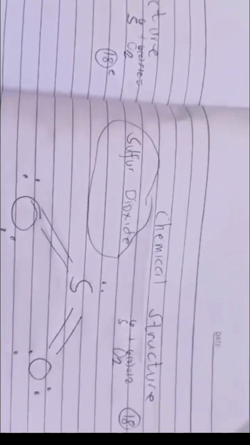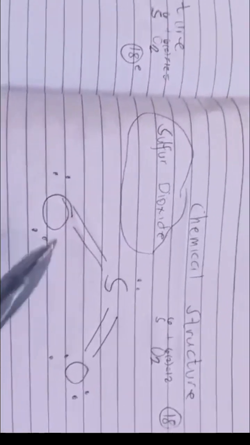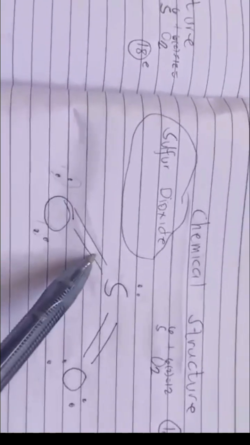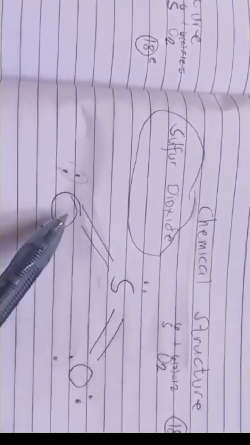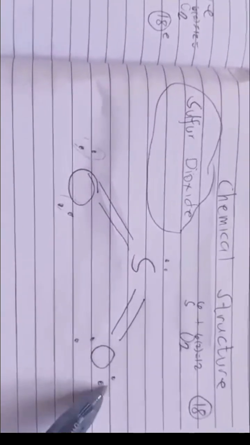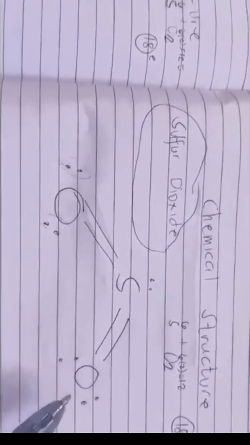So let's verify that by counting the Lewis structure dots. 2, 4, 6, 8. So it follows the octet rule. Then the other one, 2, 4, 6, 8. It also follows the octet rule.